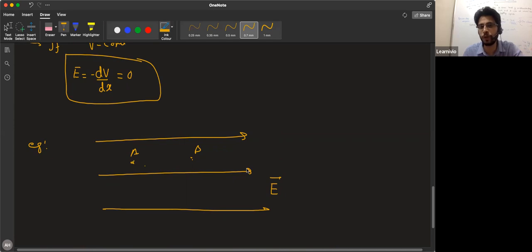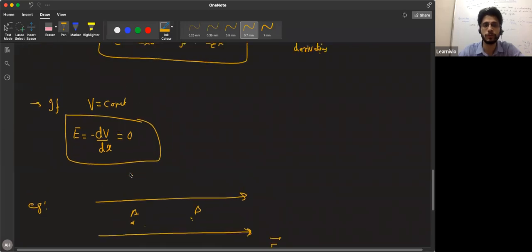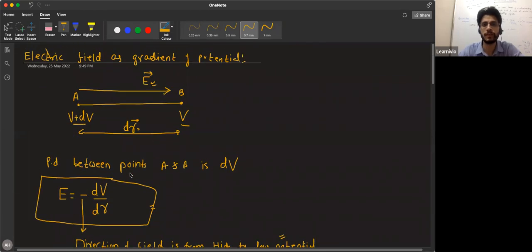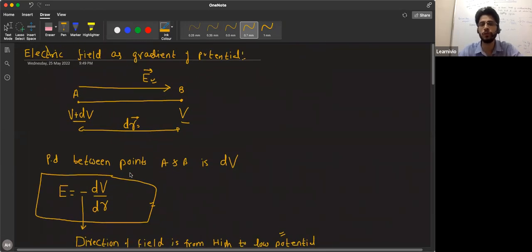Is it from A to B or B to A? Just look at this. A to B. So A must be the higher one. So A is at higher potential as compared to point B. Just note it down. So that's the relation between field and potential. If you have potential, differentiate potential with respect to position, and you will get field.